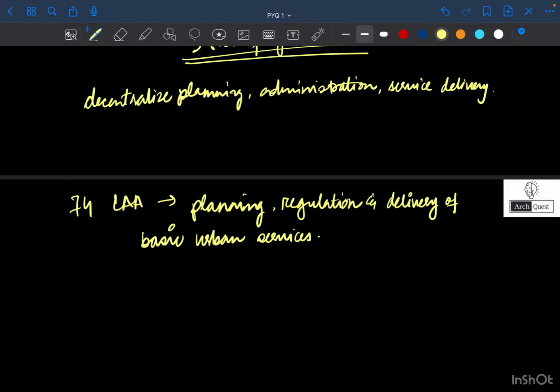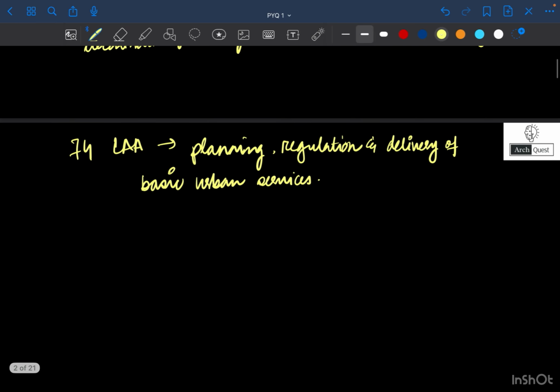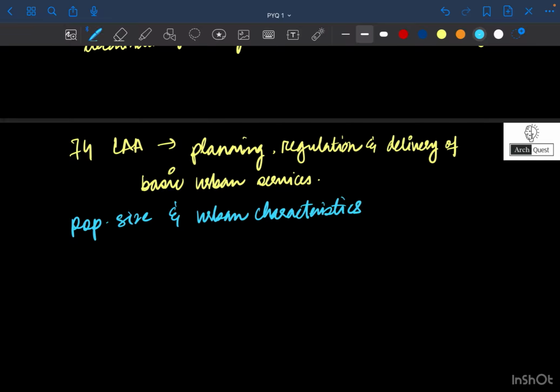This is why questions are often asked on the types of ULBs and their functions, either directly or in application-based MCQs. Based on population size and urban characteristics, the urban local body is classified into three main types.